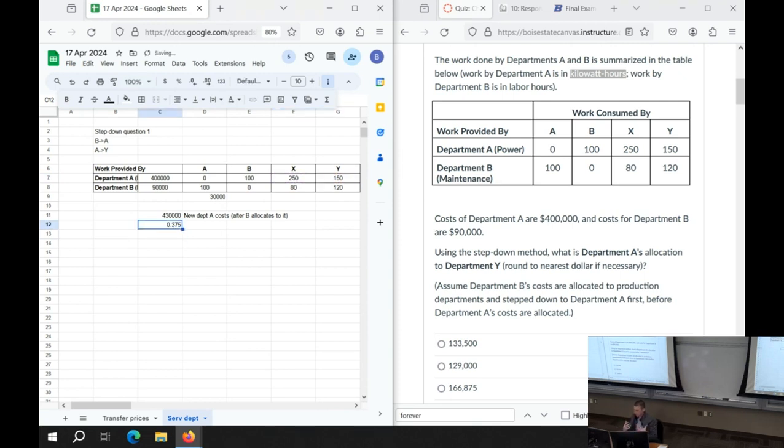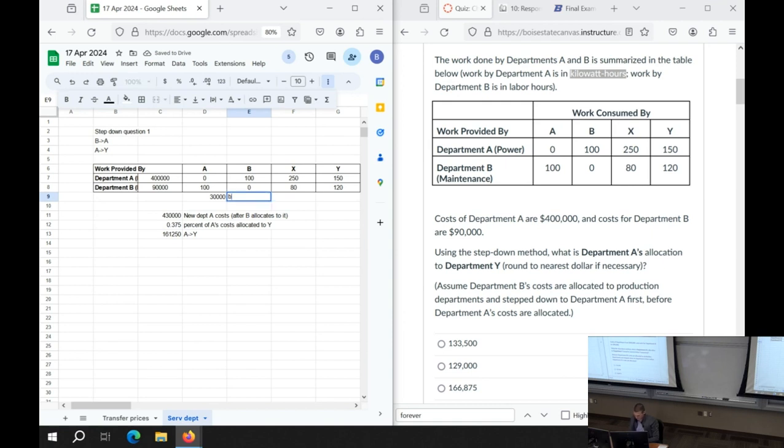And so we end up with the percent of A's costs that need to be allocated to Y. And so we can multiply those two, and that should be our A to Y allocation. Whoa, wrong arrow.